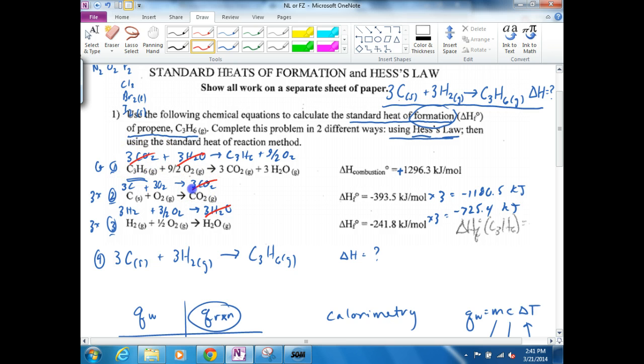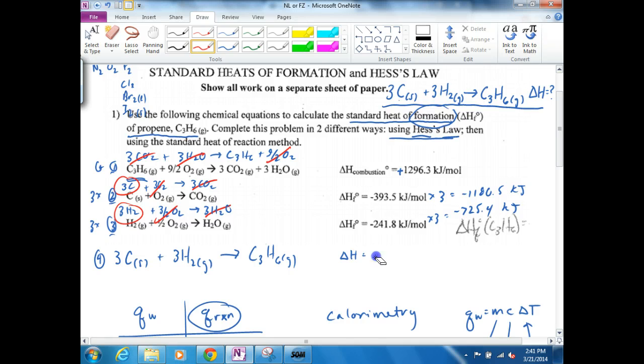It's going to cancel the 3 CO2. I'm going to be left with 3 H2, 3C on the left, and then 3 O2 plus 3 halves O2. All right, what's that? So that is 6 halves plus 3 halves is 9 halves O2, which will cancel this. And that gives me what I'm looking for.